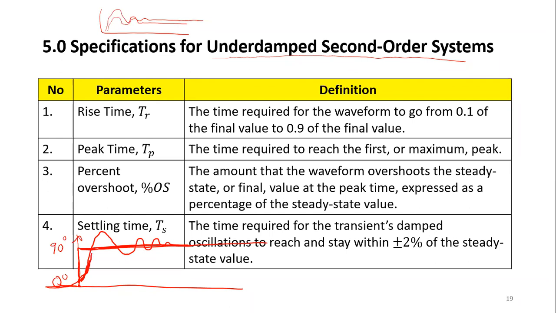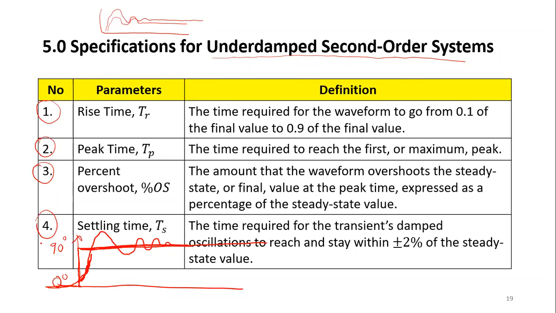There are 4 specifications that you need to know for the performance of an underdamped system. The first one is the rise time, which is the time required for the waveform to go from 0.1 of the final value to 0.9 of the final value.